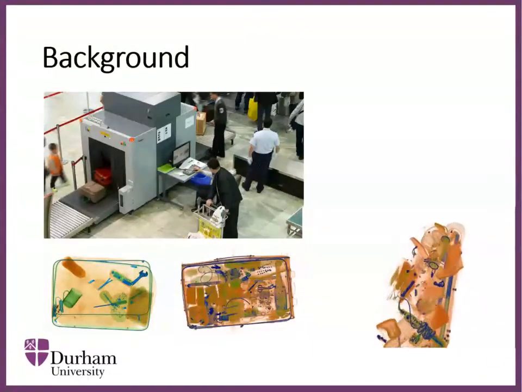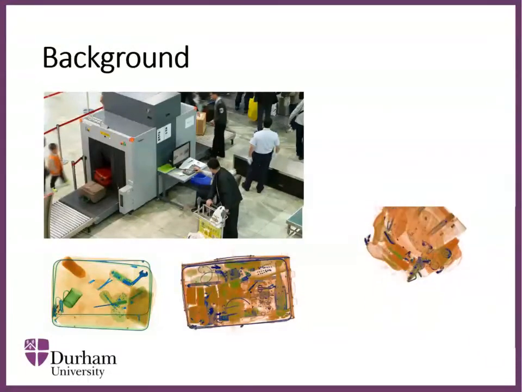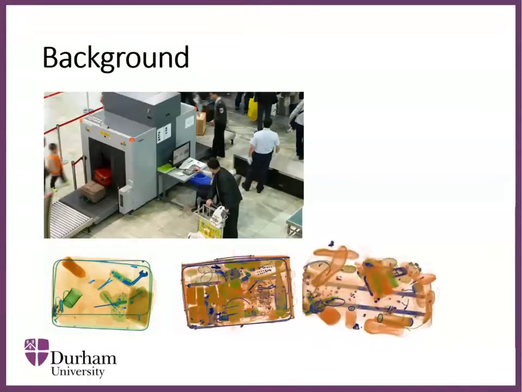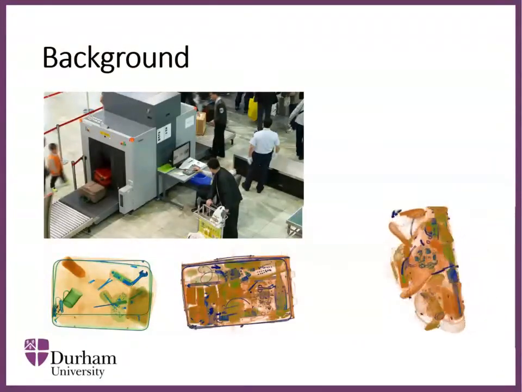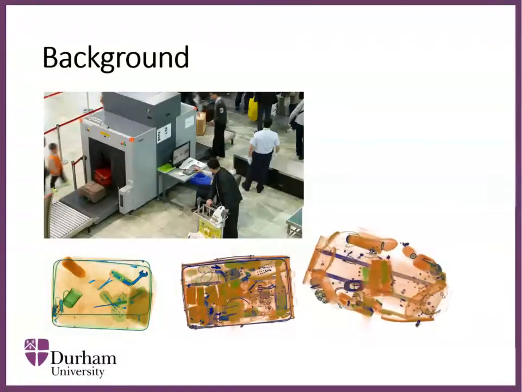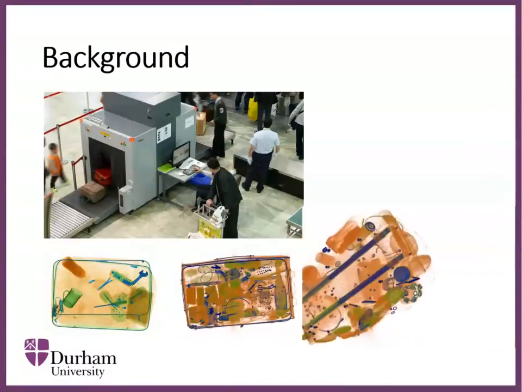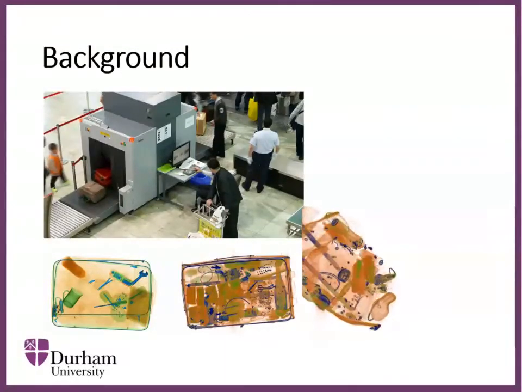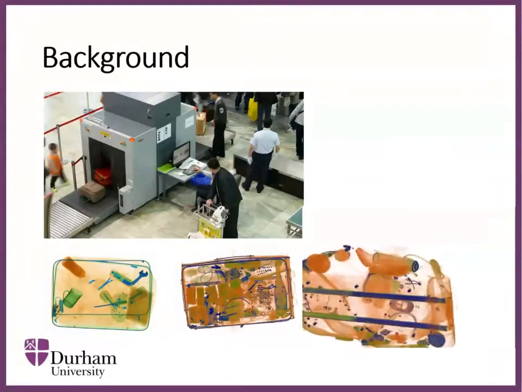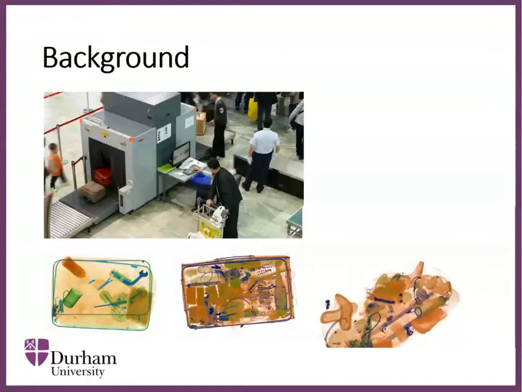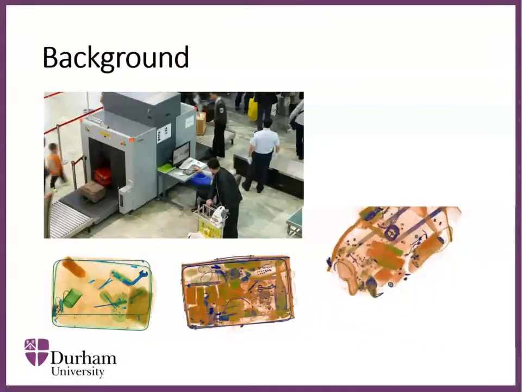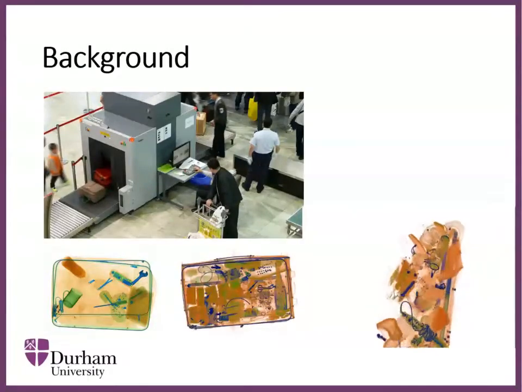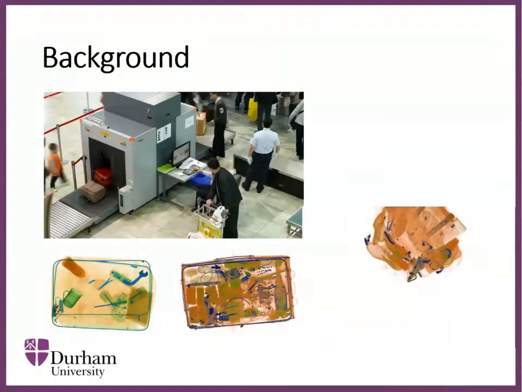However, one limitation in 2D X-ray images is that the prohibited items can be occluded by other objects in a cluttered image. One option to alleviate this problem is to use 3D CT images, which can provide more information to the human operators to avoid possible missed detection.